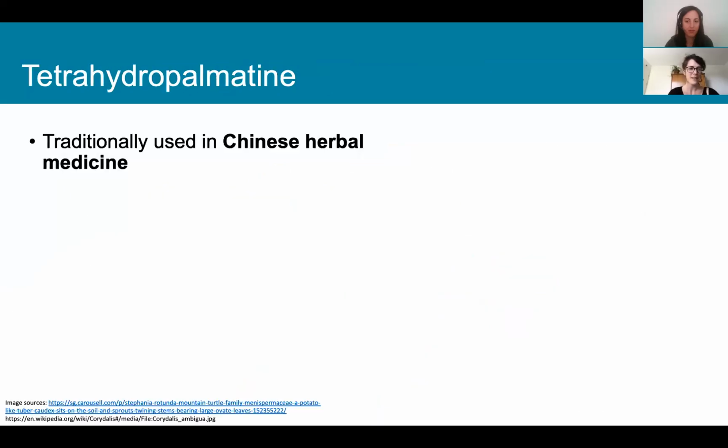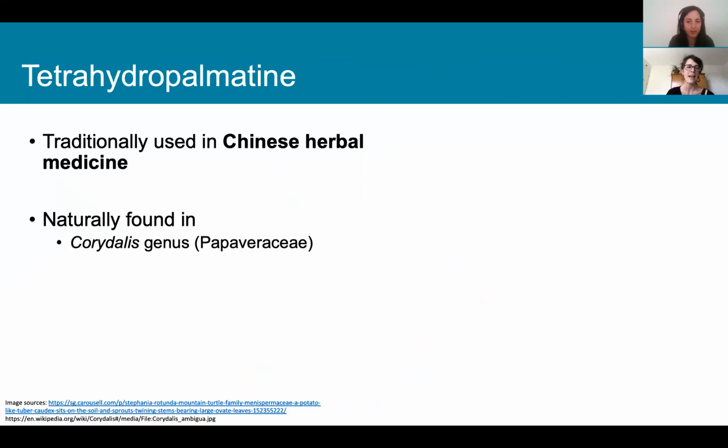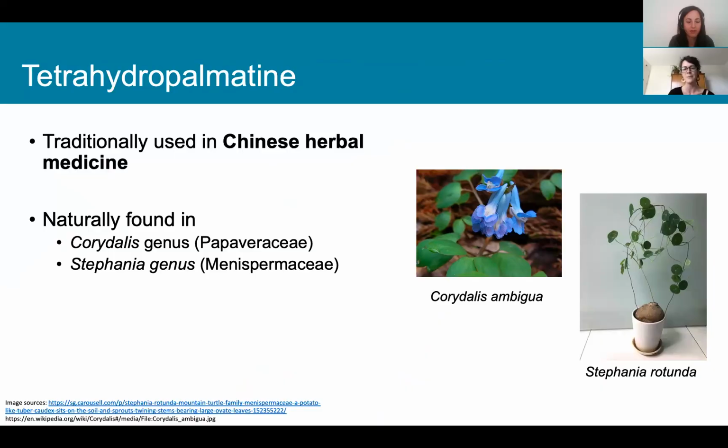So tetrahydropalmatine also is a quite interesting compound. It's traditionally used in Chinese herbal medicine, coming from different plant extracts. The plants that produce it naturally are some species from Corydalis and Stephania genus.